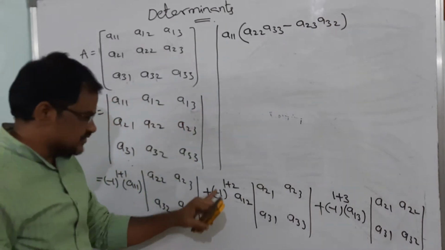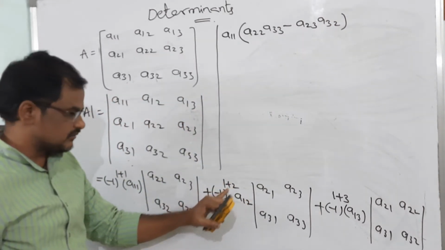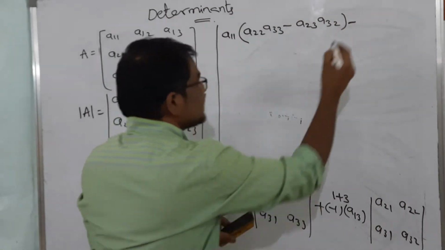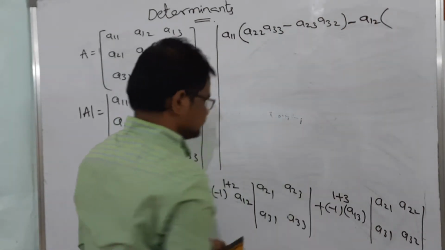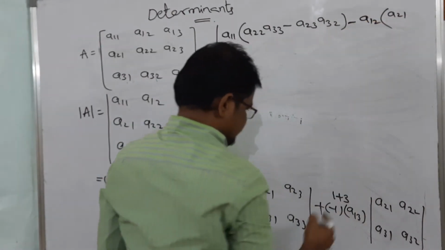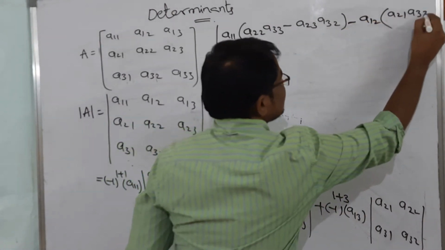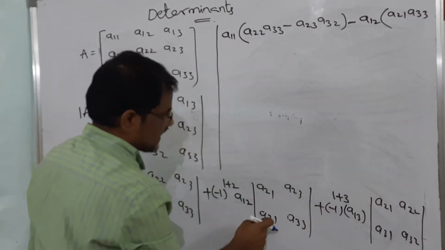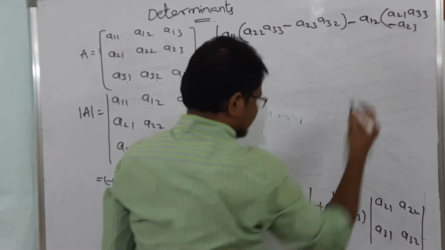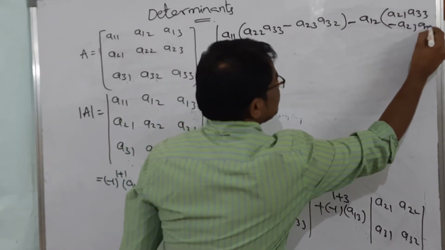Next here minus 1 whole to the power of 1 plus 2, power odd, minus 1 whole to the power of odd means minus A12 and 2 by 2 matrix, A21, A33, these two multiplication minus these two multiplication, A23 A31.